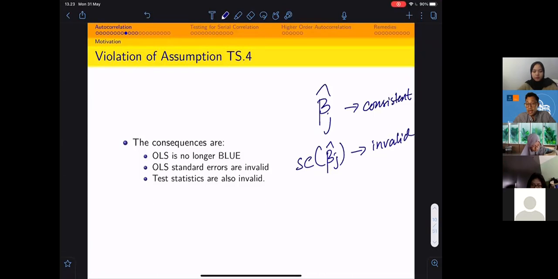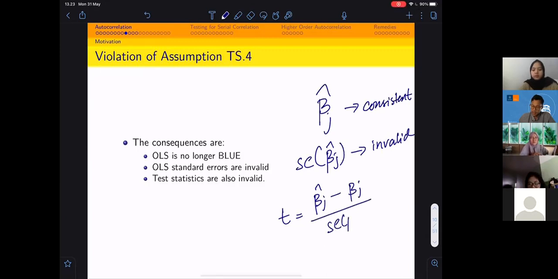Okay, and if you remember, the t-test for hypothesis testing is going to be a ratio between beta hat J minus beta J and the standard error of beta hat J. Right? So if the denominator is invalid, then the t statistic is going to be invalid.